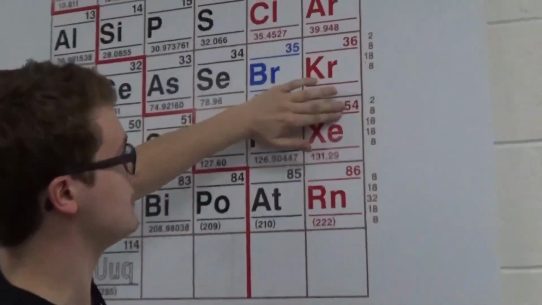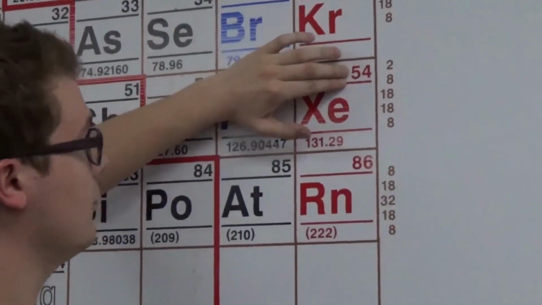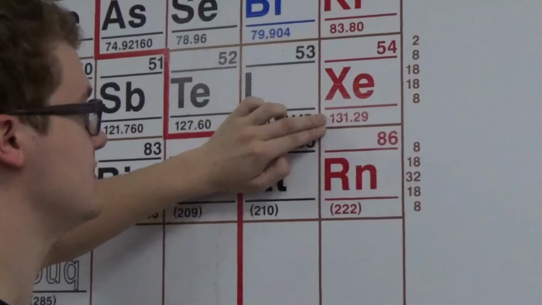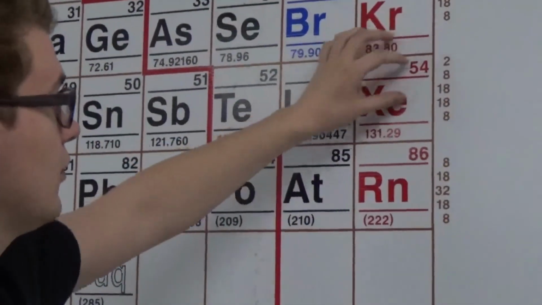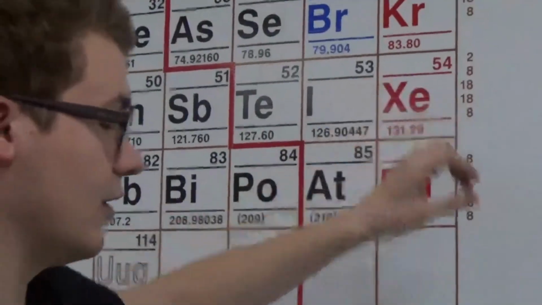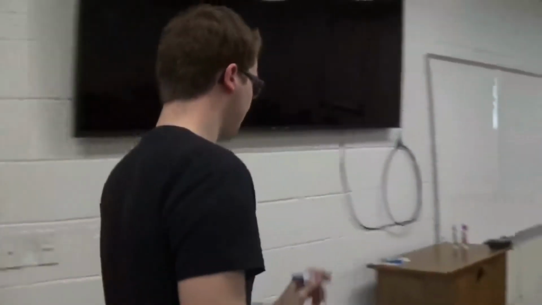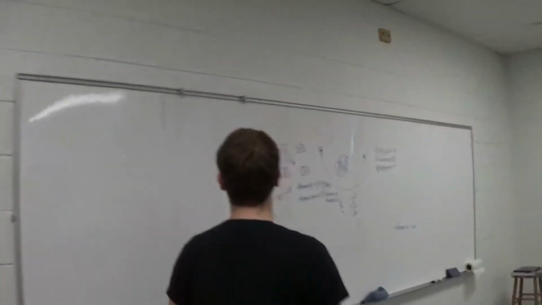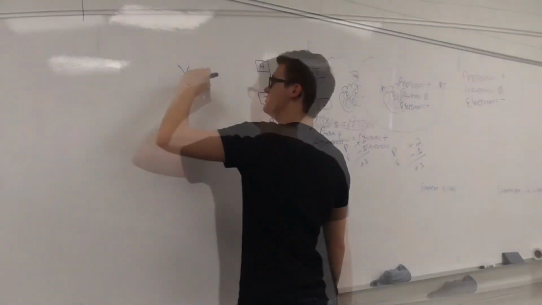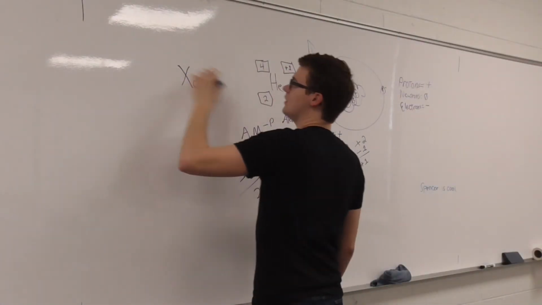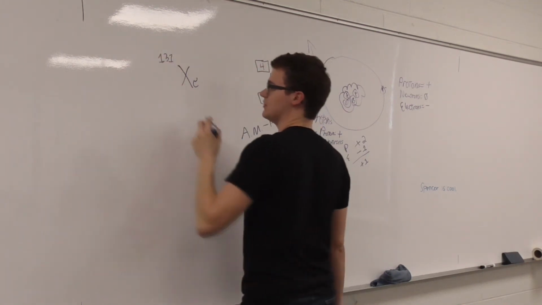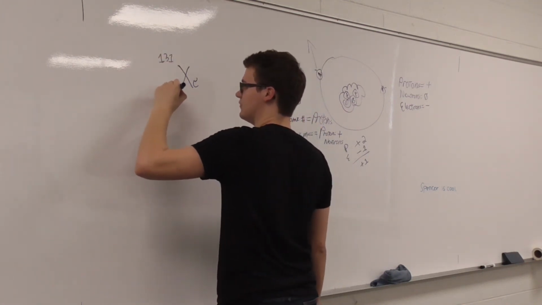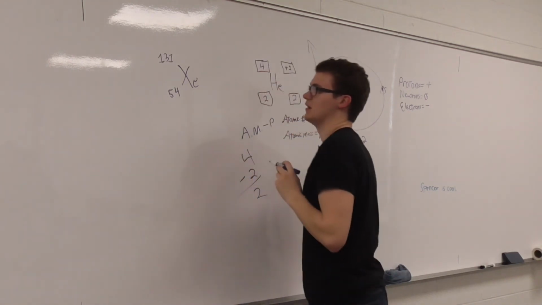Again, this number on top is our atomic number. This is the number of protons. This is atomic mass, number of protons and neutrons. So remember, 54 and rounded 131. We're going to do the exact same thing to sum this up right here. Xenon, this is a difficult one, has a 131 atomic mass and a 54 atomic number.